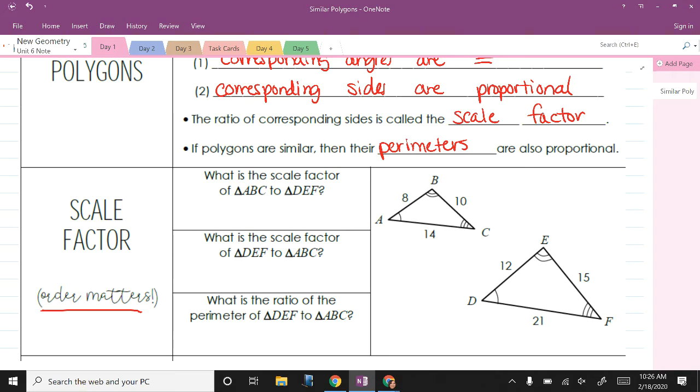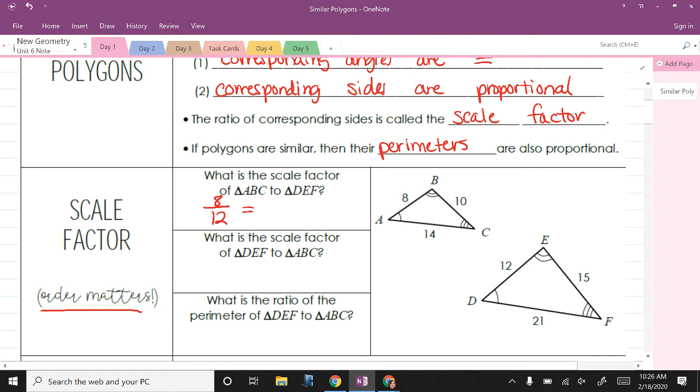Okay? So, it says, what is the scale factor of triangle ABC, which is a smaller triangle, to triangle DEF? So what you do is you find two sides that are proportional to each other. Okay? So segment AB right here is proportional to what? DE. So that's going to be 8 over 12. And a proportion is another word for a fraction, right? So we set up the fraction 8 over 12.